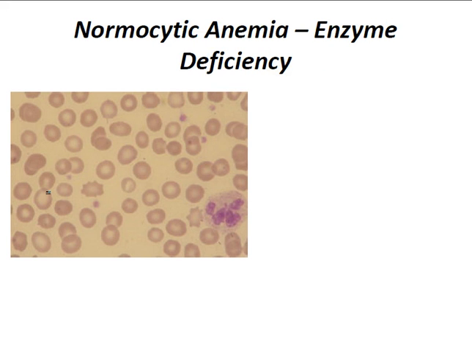So, moving on, let's talk about normocytic anemias. Enzyme deficiencies are up first. What enzyme deficiencies are we talking about? Well, there are two that come to mind, and that is G6PD and pyruvate kinase deficiency.